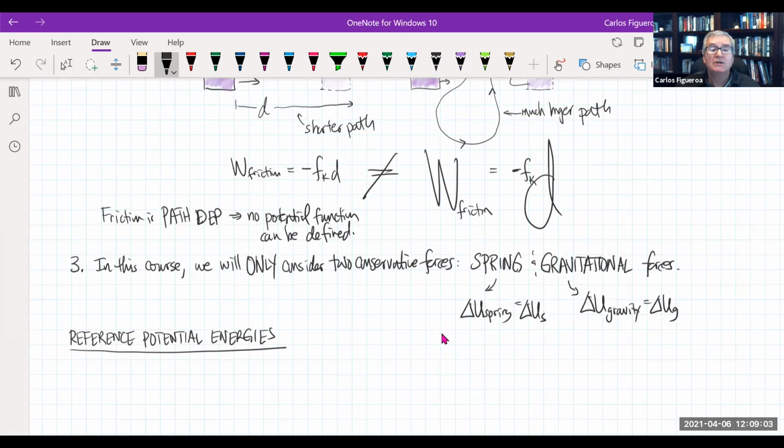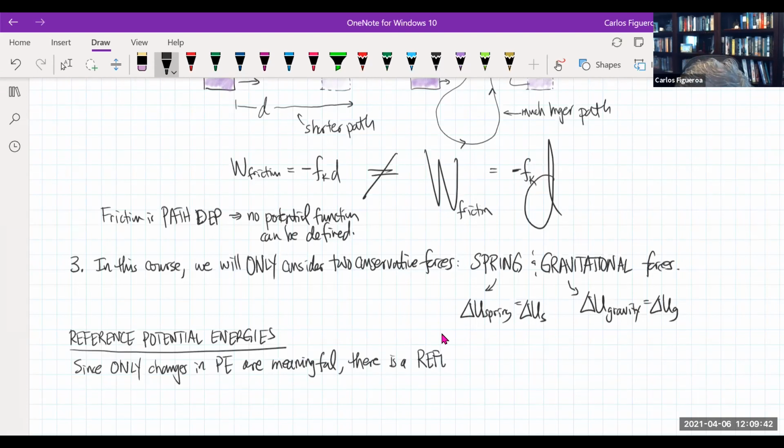Okay, so what's important with this thing here is that since only changes in potential energy are meaningful, there is a reference potential that is arbitrary.